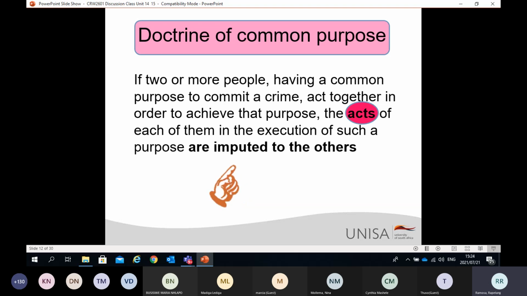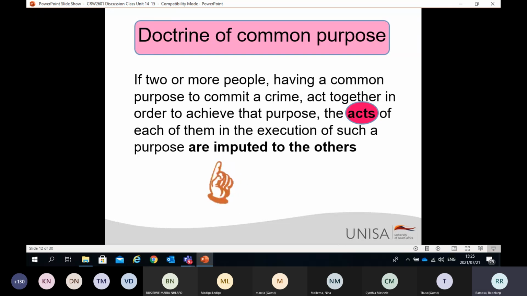Remember, when you use the word liability, you are talking about the act and the intention combined. That is what determines liability. So liability is not imputed and intention is also not imputed. What is imputed is the missing act requirement, or the acts that the one perpetrator would be lacking, that the others would have.